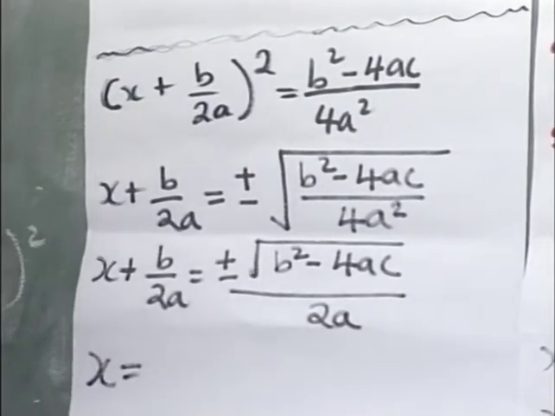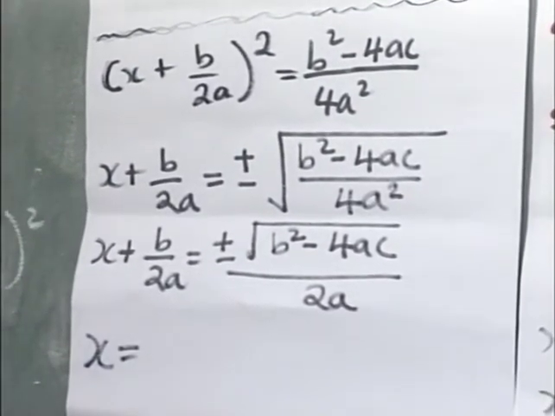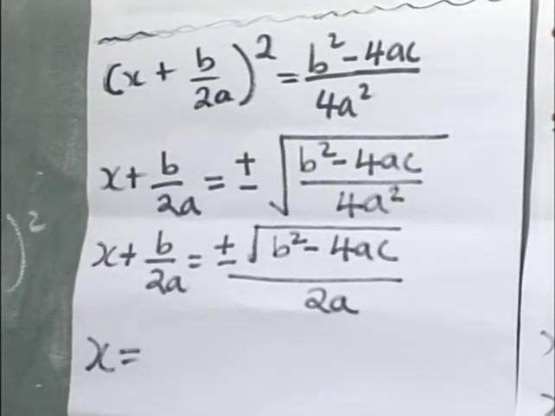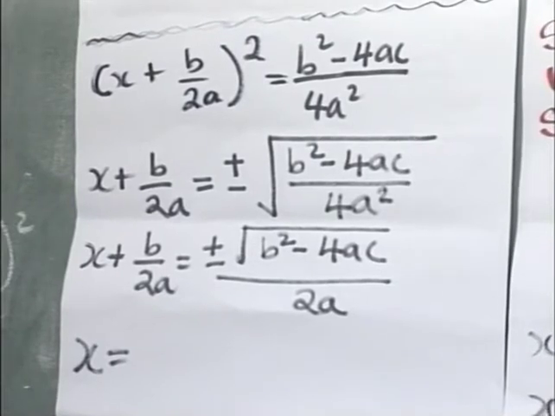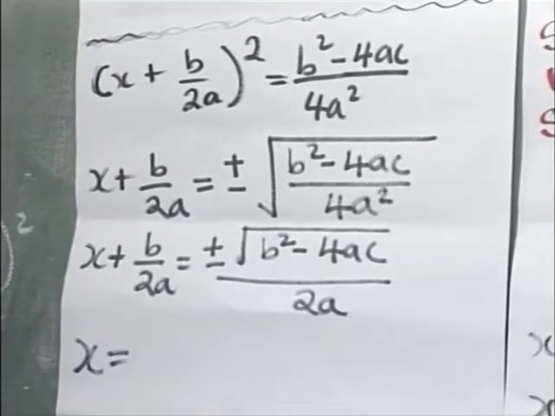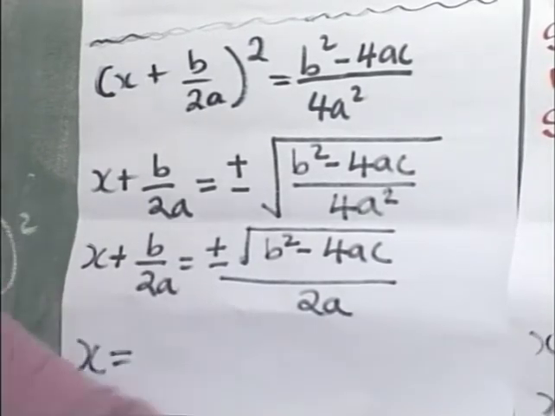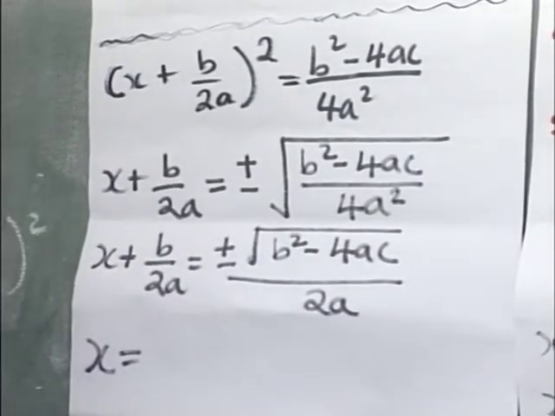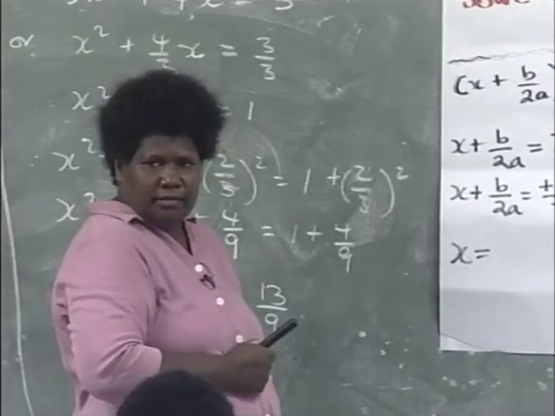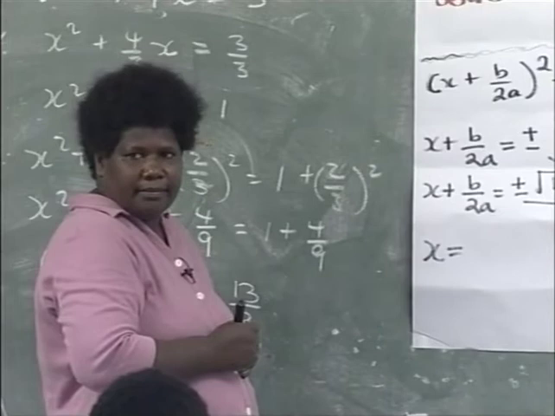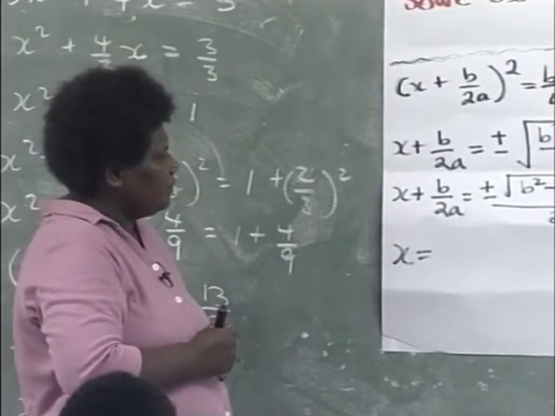Now, what is x then? Try. Square root of b squared minus 4ac over 2a minus b over 2a.